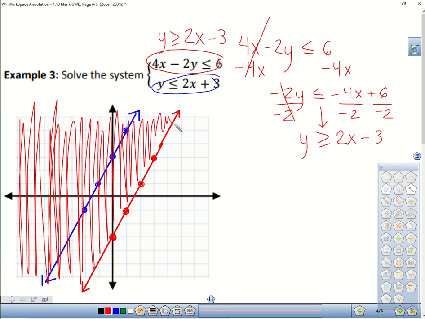It's going to go right over the blue here. Now moving on to the blue one. That's this one. So in the blue case, it's going to be below. So it's going to be down here.